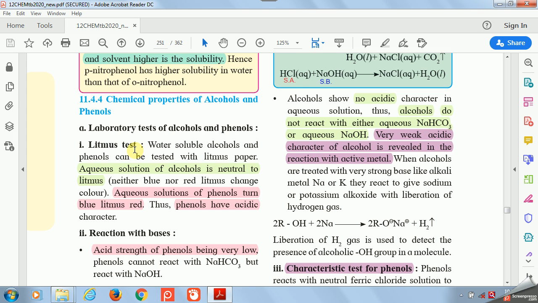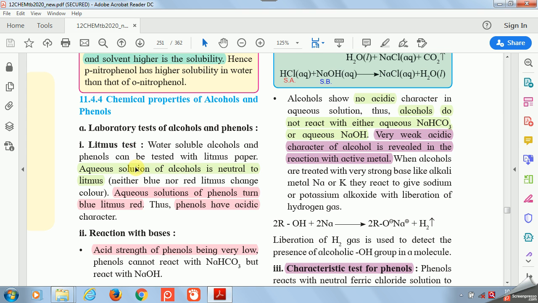If blue litmus turns red, the solution is acidic in nature. So if we take a water solution of these alcohols and phenol and add blue litmus in the aqueous solution of alcohol, we observe that blue litmus does not change to red. That indicates alcohol is neutral in nature.